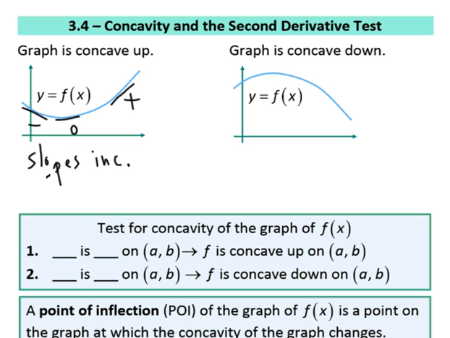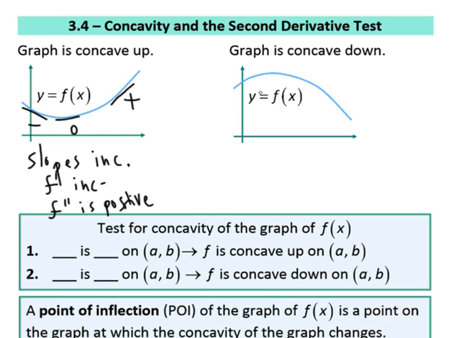So the slopes are represented by f prime. So f prime is increasing. Therefore, if f prime is increasing, then its derivative, f double prime, is positive. Okay, so if we're concave up, then that means that the second derivative is positive.